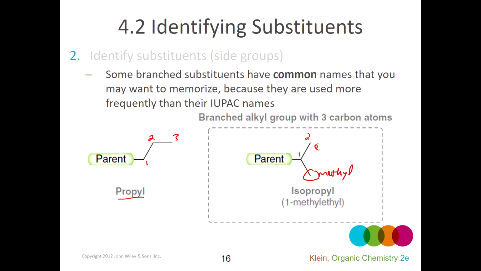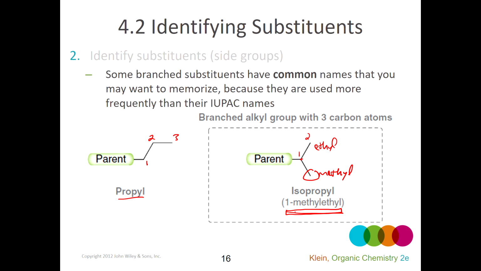So this would be an ethyl group with a methyl attached to it. And the methyl is attached to carbon 1. So in parentheses, similar to what we just showed on the last slide, the naming of this whole group is an ethyl group with a methyl on carbon 1. So it's a 1-methylethyl. That is the IUPAC way of naming this side group or substituent.